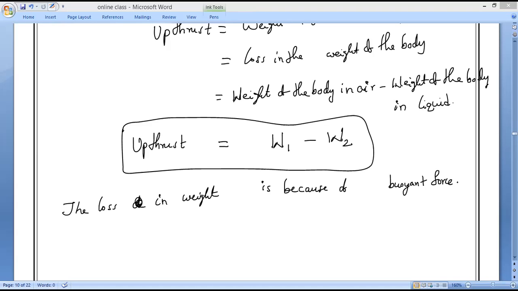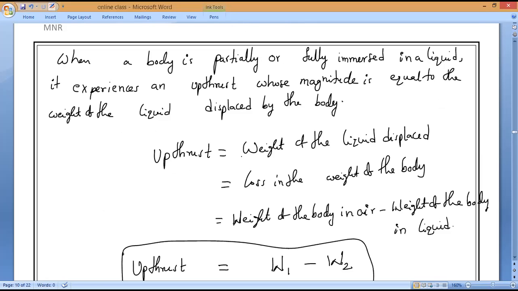It may be immersed fully or partially. If immersed fully, more liquid will be displaced; if immersed partially, less liquid is displaced, but that doesn't matter, it equals the upthrust. That is called Archimedes principle. Archimedes principle means upthrust is equal to the weight of the liquid displaced.